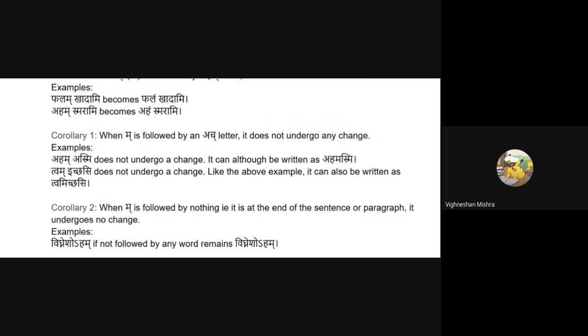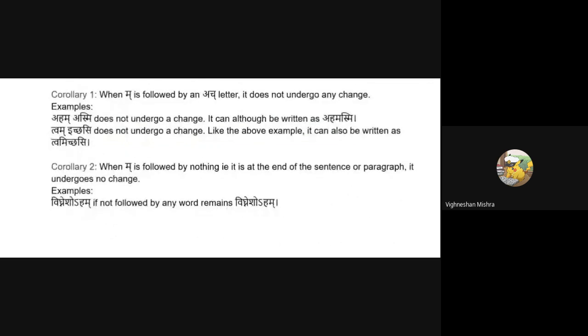Okay, very nice. So now we'll see corollary 2. When it is followed by nothing, that is, it is at the end of the sentence or paragraph, it undergoes no change. We saw what happens when it is followed by hull, a consonant. We saw what happens when it is followed by an ach, a vowel.